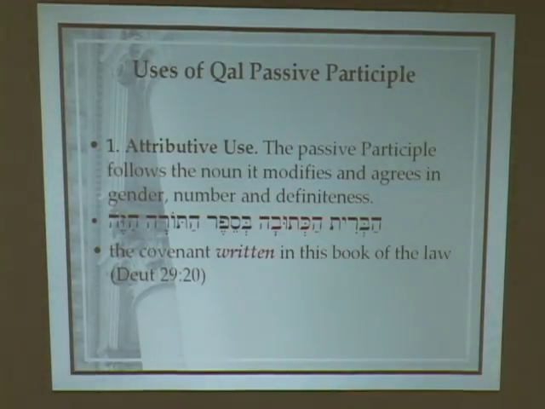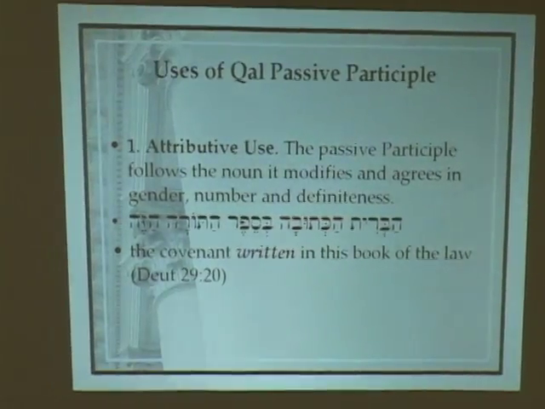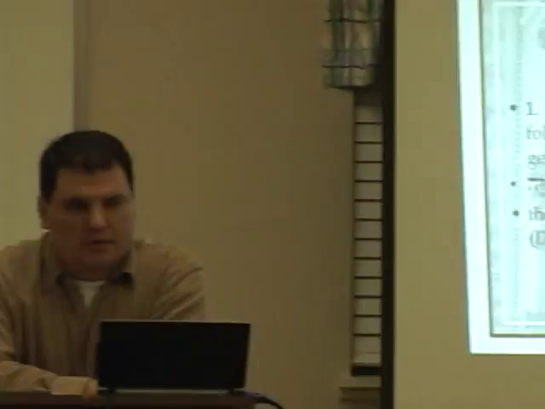The covenant written in this book of the law. Written, haketuva, from katav, to write. See, and that shureq will point you in the right direction in identifying what it is.